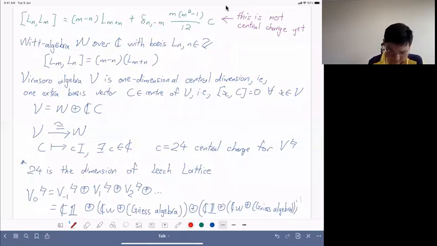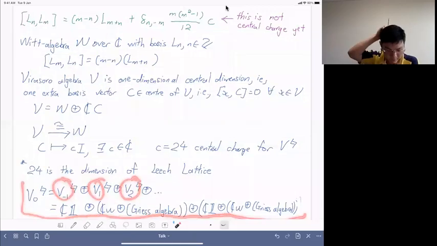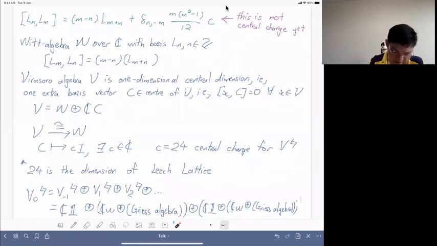Okay, so this moonshine module, every single part of it is finite dimensional. And you can think that there are only 194, let me write it down, 194 conjugacy classes.